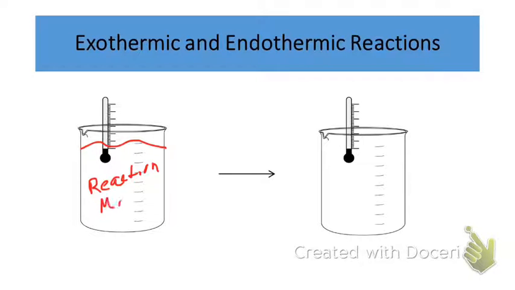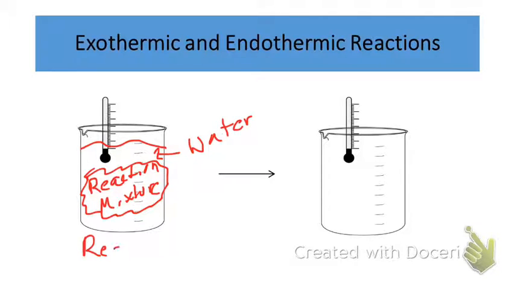We're just going to put a little compartmentalized idea that it's a reaction mixture. And the reaction mixture is going to be in a matrix of water. So we have water that the reactants are in. So in other words, all the reactants are placed or surrounded by water.